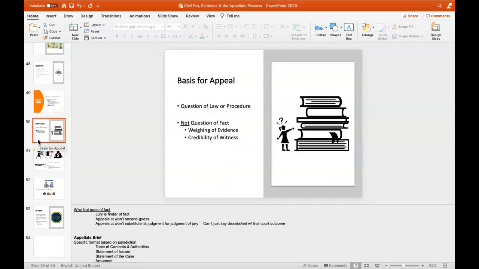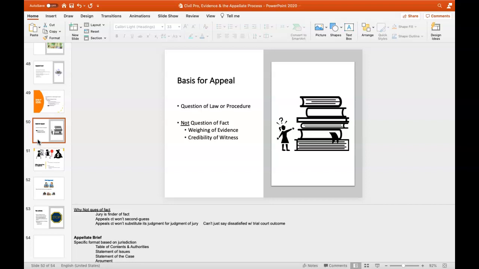The basis for an appeal can be a question of law or procedure. It cannot be a question of fact. It is the jury's job, not the appellate court's job, to weigh the evidence and determine the credibility of the witnesses. The Court of Appeals does not determine questions of fact, and the reason for this is the jury is the finder of fact.